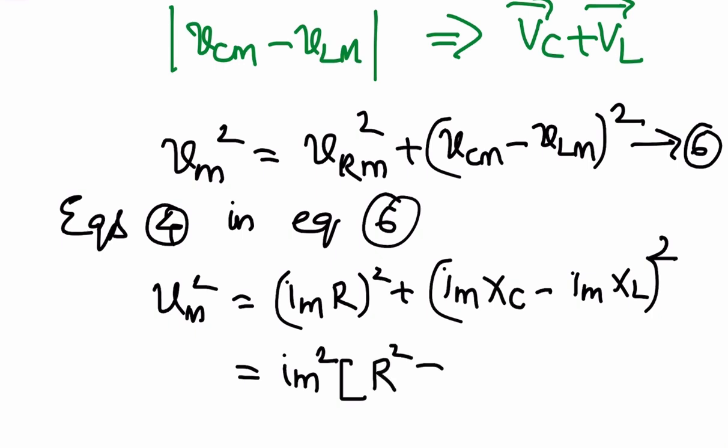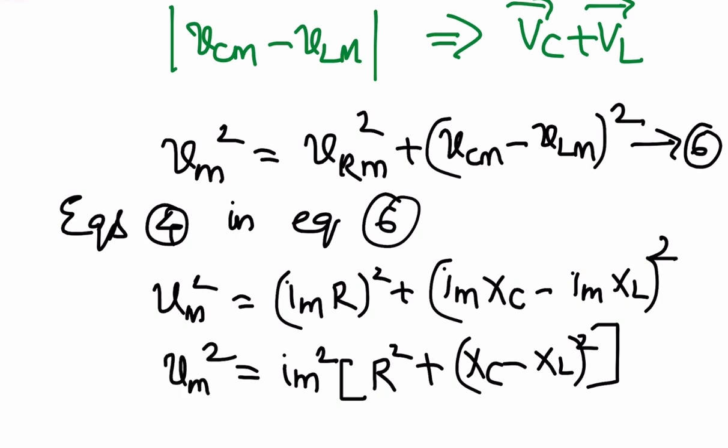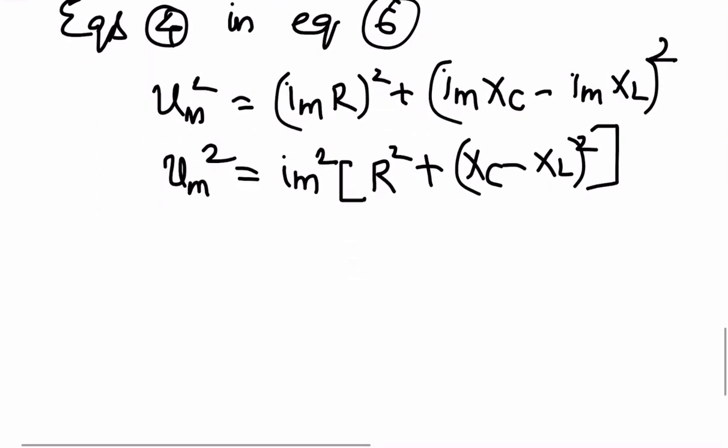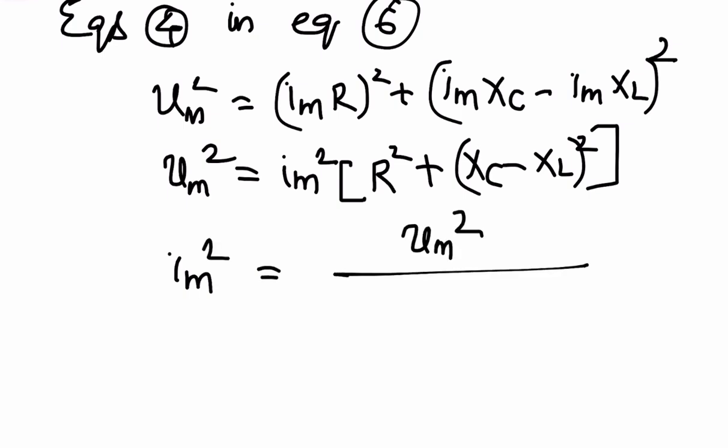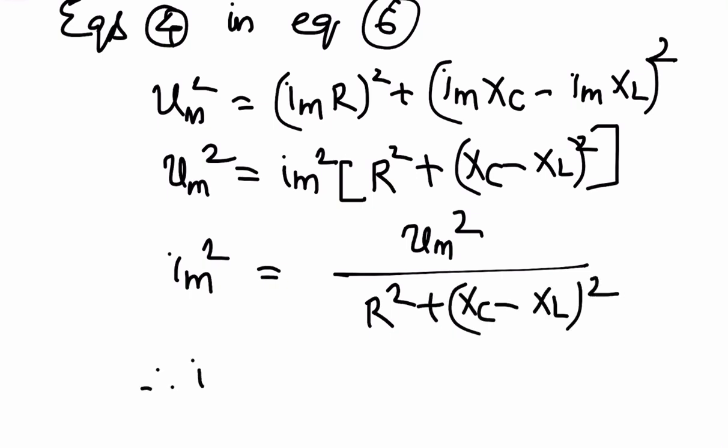This is Vm square. Actually we are going to derive the expression for current. Therefore you will get Im square is equal to Vm square divided by R square plus Xc minus Xl whole square. Therefore Im is equal to under root Vm square divided by R square plus Xc minus Xl whole square.